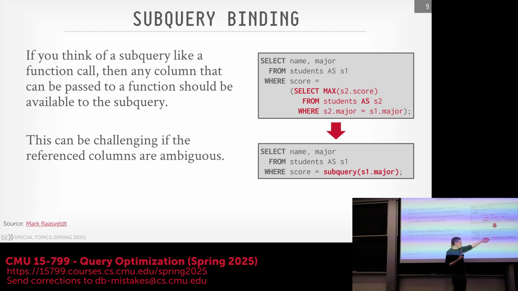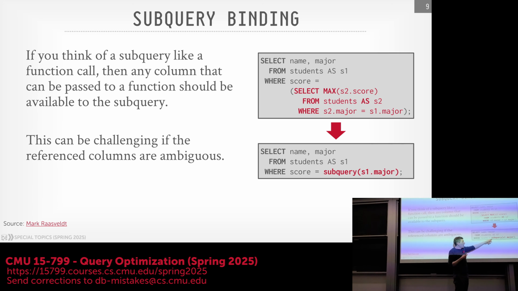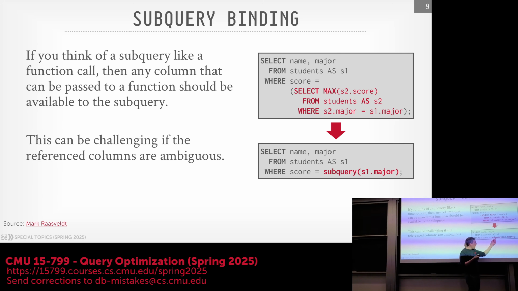Instead of saying here's the inner select query, it's some function I'm invoking that's going to give me back the result and then execute here, right? Underneath the covers, obviously it's a SQL query that needs to get executed. But if you just treat it like a UDF, then you know that anything that can be passed as an input argument to this function could then be referenced inside of the inner query that's going to get invoked here.